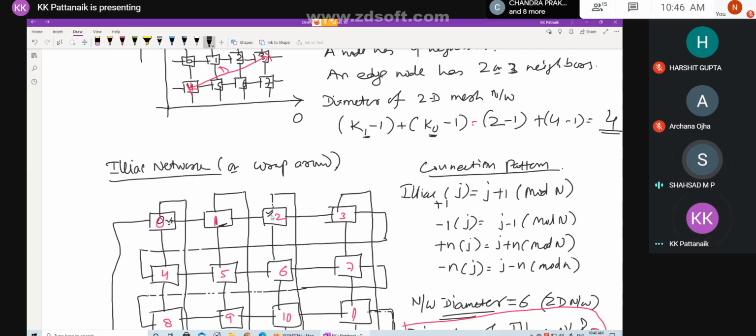Okay. How will we make a part in Iliac networks? How to part the network? Yeah, Iliac network or mesh network. We have several possibilities of parting the network into two, right? Yes. How exactly will we separate the Iliac network?